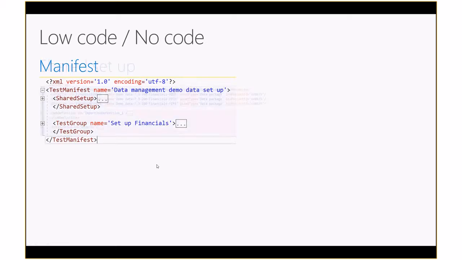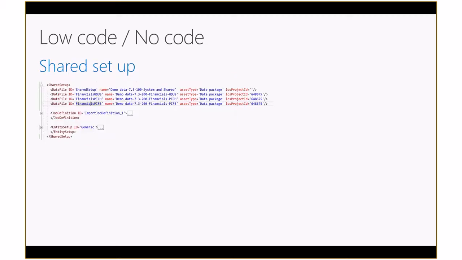Now, if we expand the shared setup, this is where the data is defined. If you look at the data definition itself, it takes the asset type and the asset name, and most importantly, it takes a LCS project as an attribute. The LCS project ID can be blank, and if it is blank, it means it is the shared asset library.